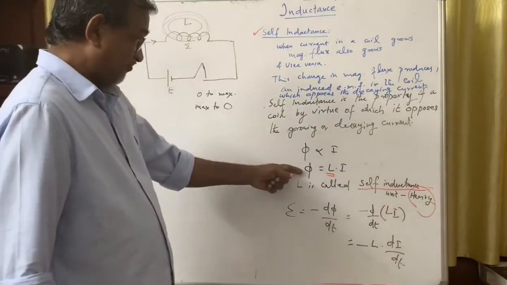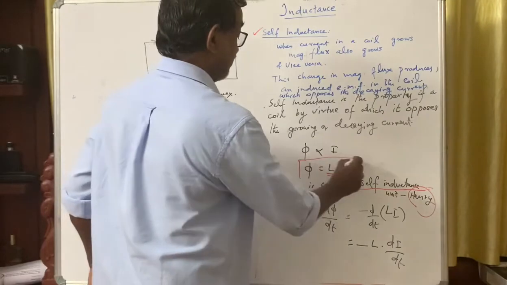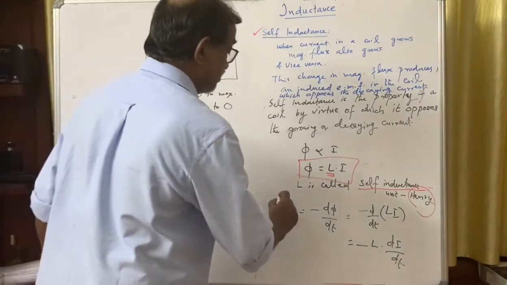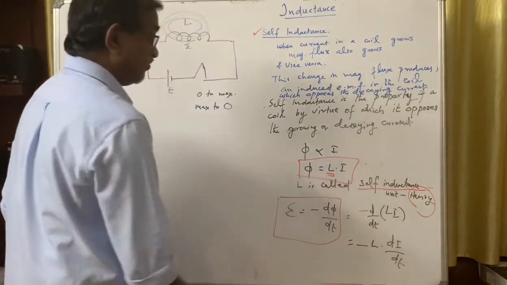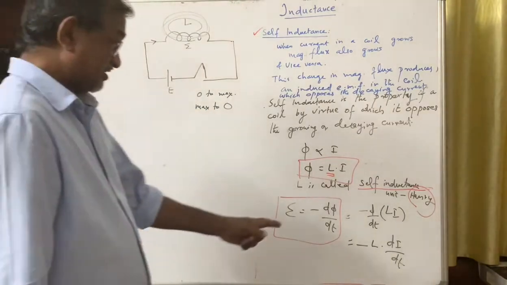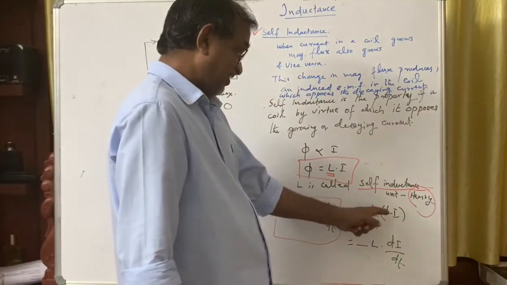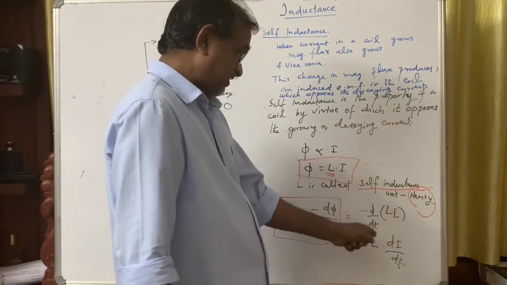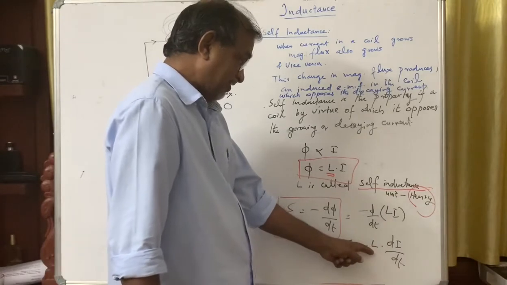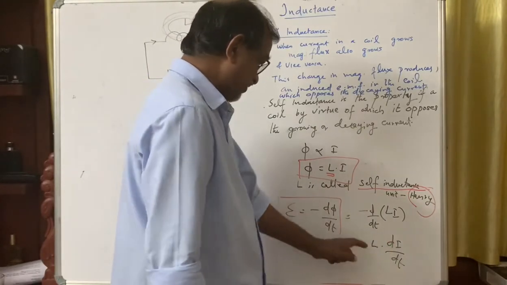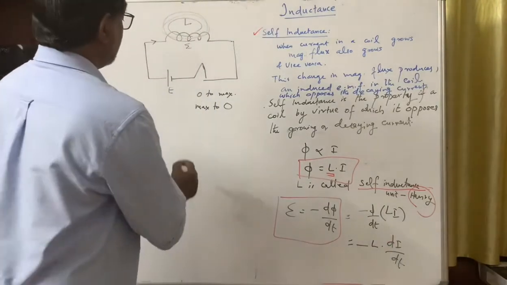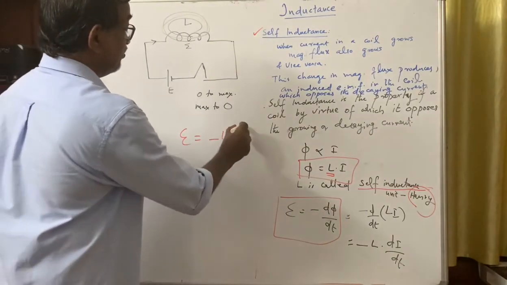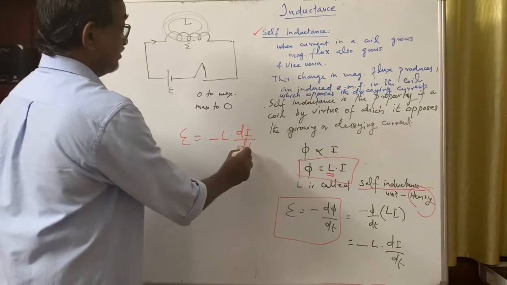So we can write phi is equal to Li. We already got this equation, E is equal to minus d phi by dt. Instead of phi, you substitute Li, so minus d by dt of Li. You bring the constant outside the differential, then minus L into di by dt. So we got the final expression, E is equal to minus L into di by dt.